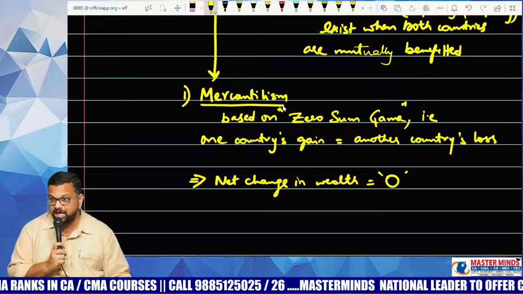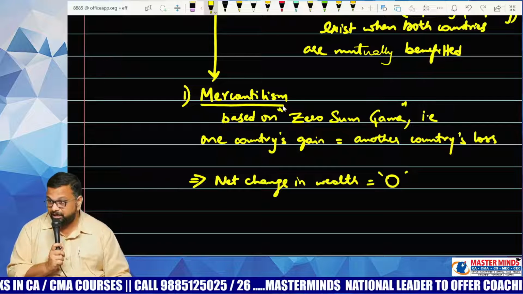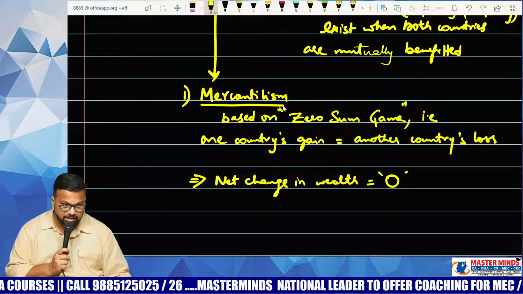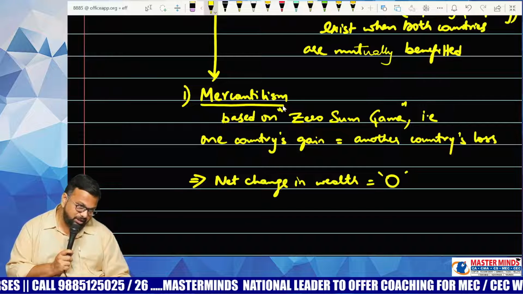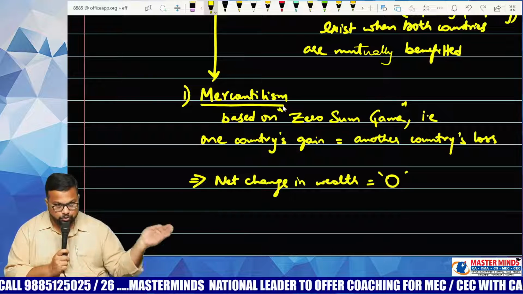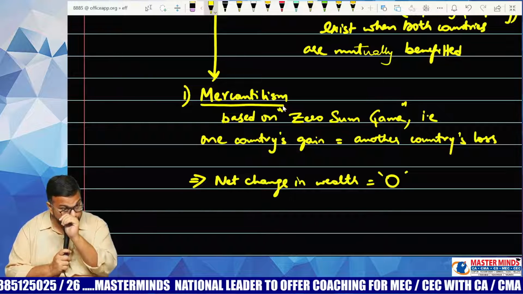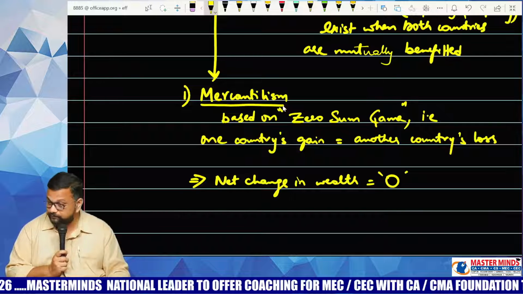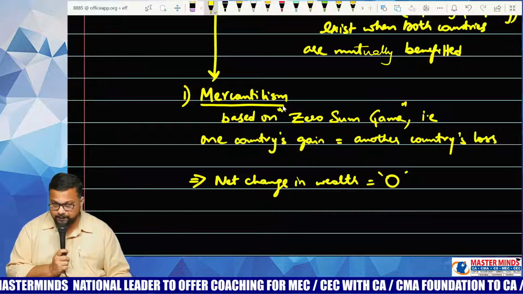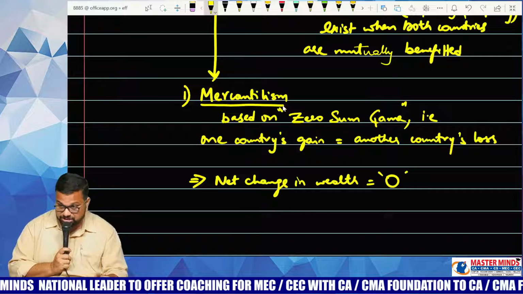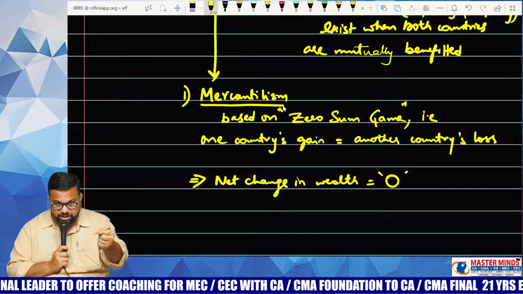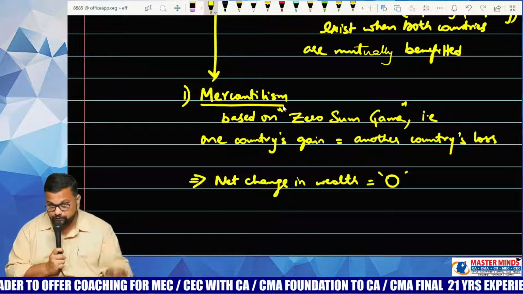What East India Company did, it manufactured goods in England, brought those goods to India, sold those goods to India, and in return it took precious metals from India. So because of that, wealth of India decreased. To that extent, wealth of Britain increased. Net change in wealth is equal to zero.